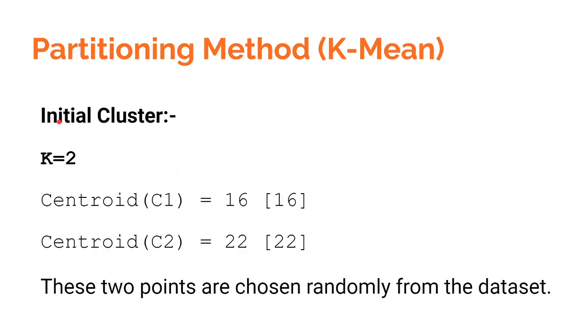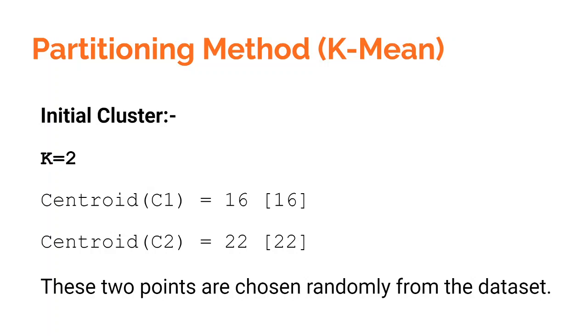So according to the algorithm, initially the user needs to specify the total number of clusters they want to perform. Since here 2 is assigned to k, we have to perform 2 different clusters of the given data set.